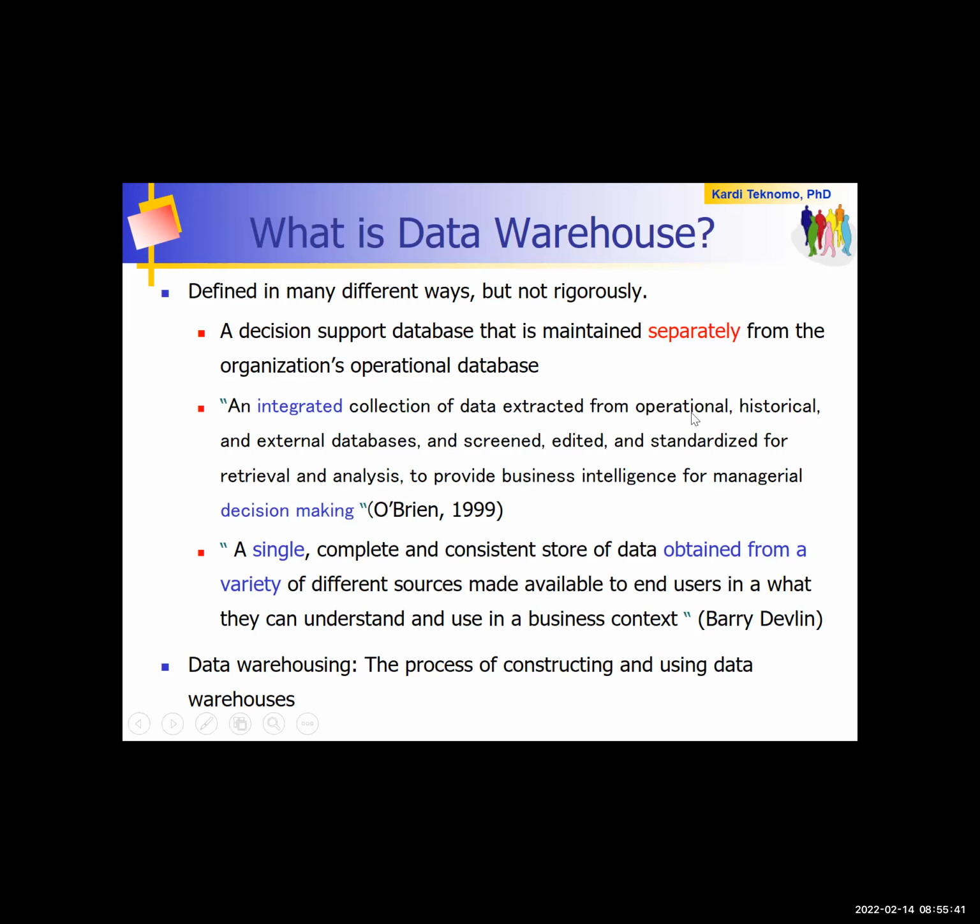The next component is data warehouse, right? So what is data warehouse? So data warehouse is an integrated collection of data extracted from operational, from historical, from external databases. So from various resources, and then you screen, you edit, you standardize, so that you can retrieve it automatically, and then you analyze automatically, so that you can provide business intelligence for managerial decision making.